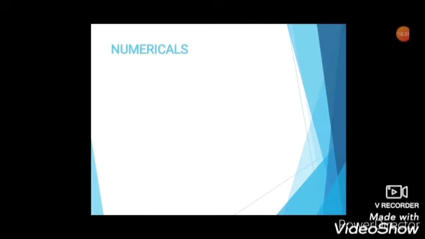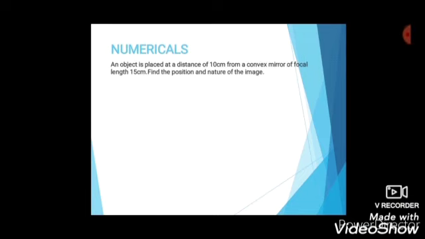Okay, move on to the next. An object is placed at a distance of 10 centimeter from a convex mirror of focal length 15 centimeter. Find the position and nature of the image. In this question we will just write the given data.